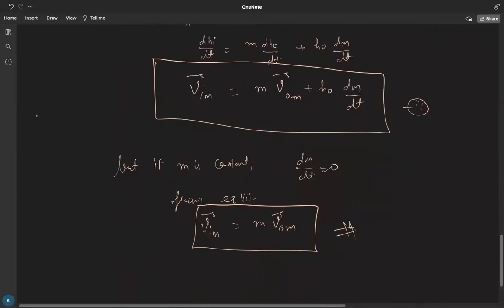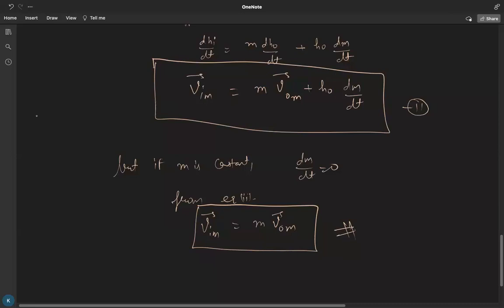When m is constant, dm by dt is equal to 0. So from the above equation, the velocity of the image with respect to the mirror is equal to m, the transverse magnification, times the velocity of the object with respect to the mirror. I hope this is clear to all of you.